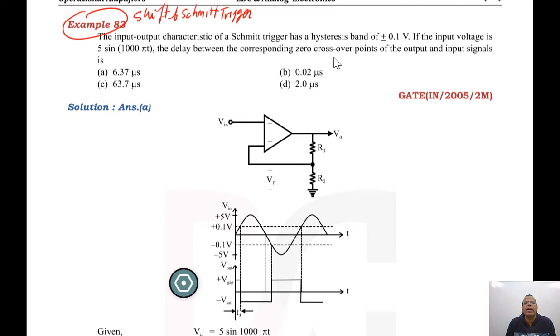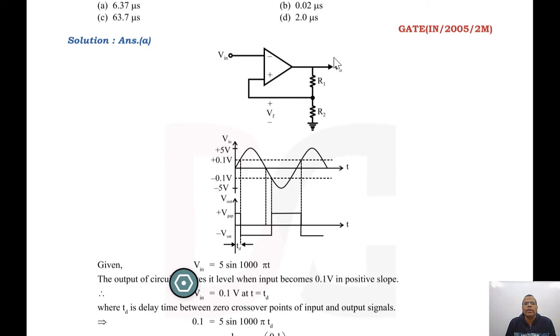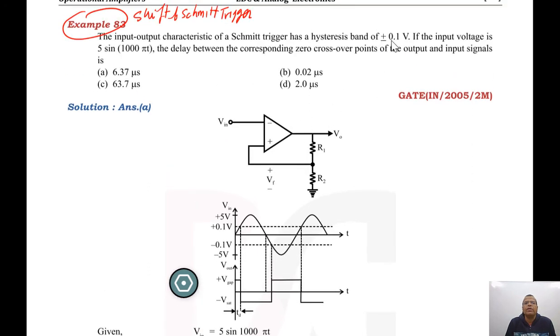You have to find basically the difference between the time when input crosses the 0 point and output crosses the 0 point, right? When you talk about the band, it is the difference between the lower threshold voltage and upper threshold voltage. Upper threshold voltage is 0.1 volt, lower threshold voltage is minus 0.1 volt. That is the meaning, right?